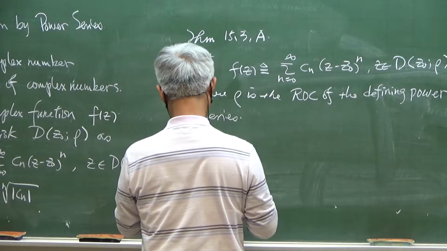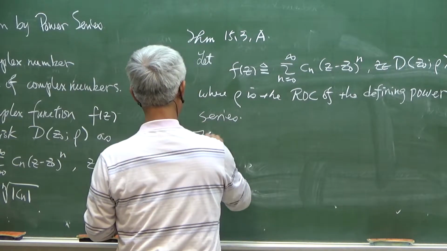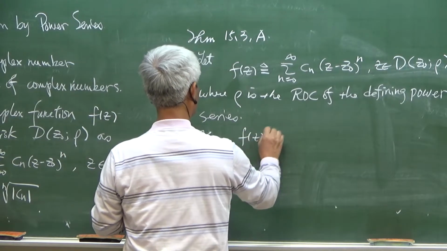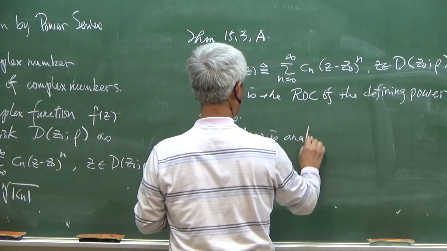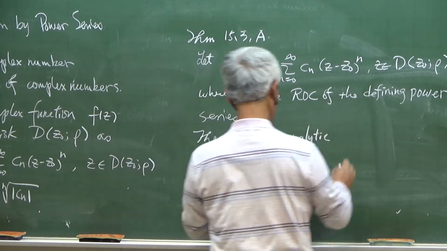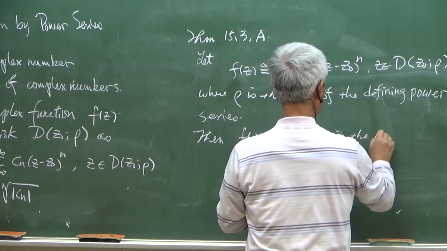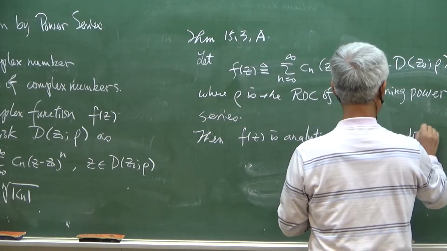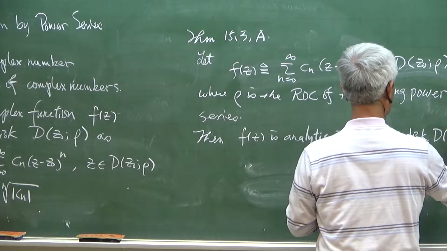Then f of z is analytic in the open disk B(z0, rho).